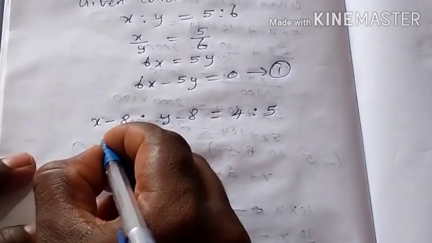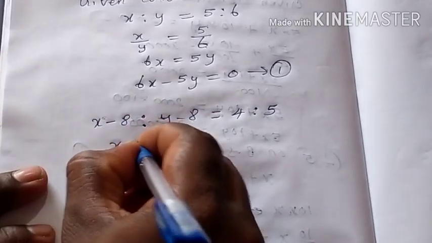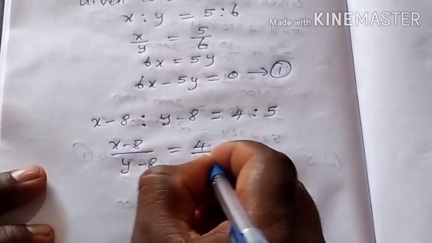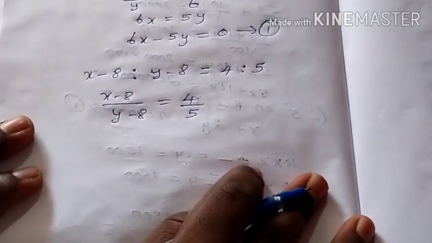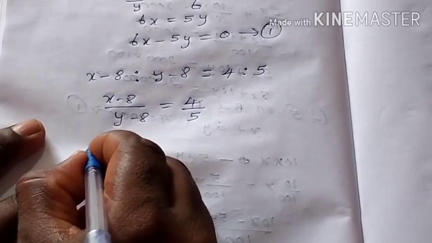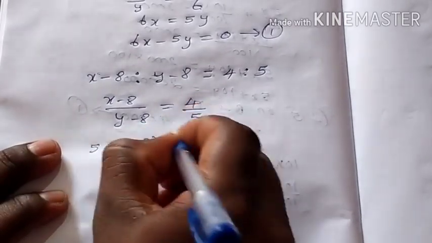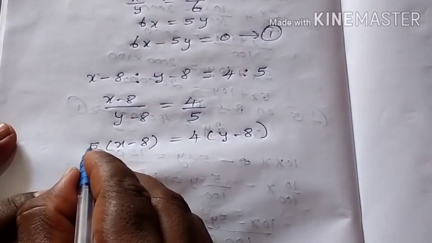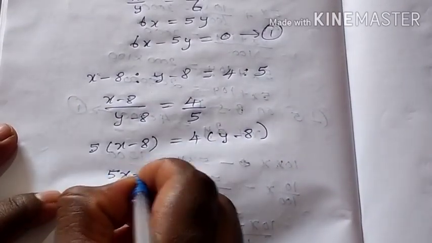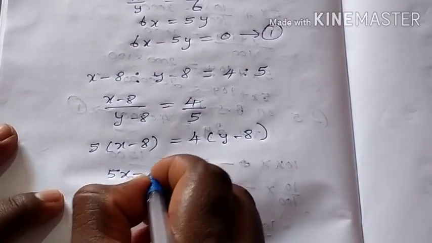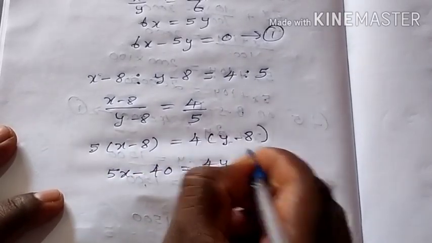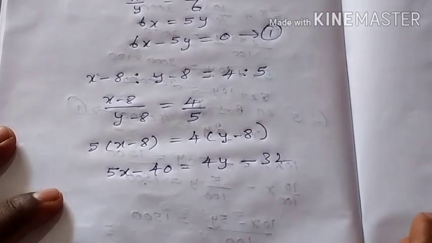This is the new ratio. So this can be written x minus 8 divided by y minus 8 equal to 4/5. In the same manner, using the multiplication, 5 into x minus 8 is equal to 4 into y minus 8. Okay, 5 into x, 5x minus 5 8s are 40, which is equal to 4 into y, 4y, minus into minus, plus, 4 8s are 32.